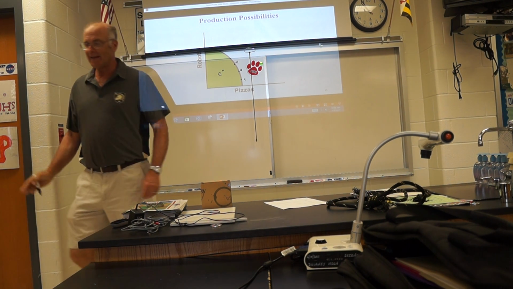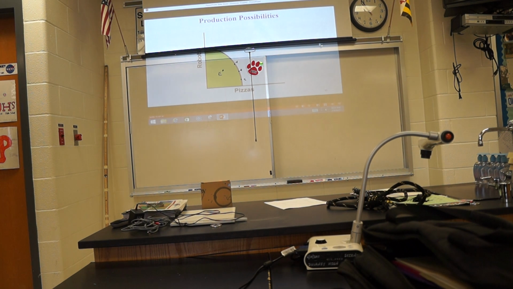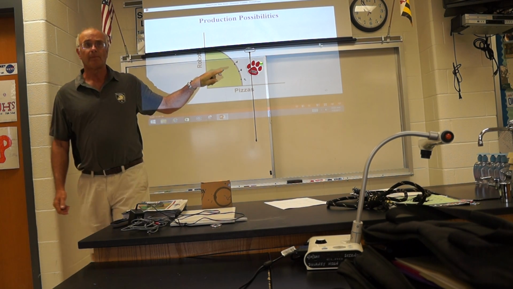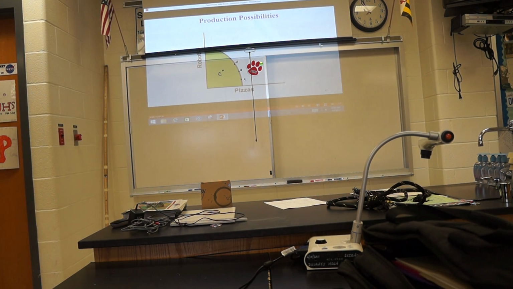Point E, anything inside the line, means you're inefficient. So you're not using your resources to full capacity. Typically, E is unemployment. You're having high unemployment, so you're not using your workforce effectively.